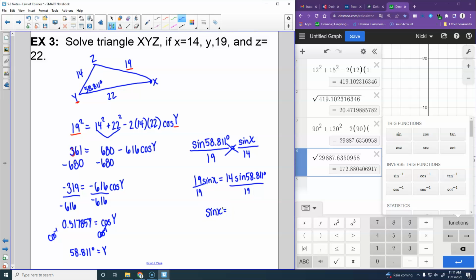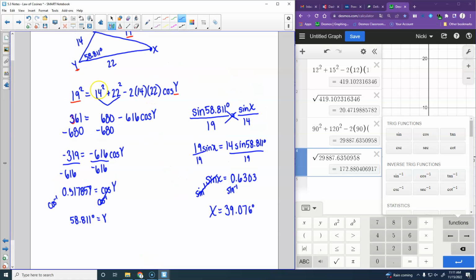So if we type that in, 14 sine of that number divided by 19 is going to give us 0.6303. And then to get rid of sine, we do sine inverse. Sine inverse of that answer is going to be 39.076 degrees.